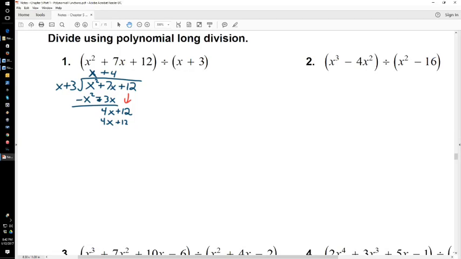We're subtracting, so it's minus 4x minus 12. So 4 minus 4 is 0. 12 minus 12 is also 0. So we have a remainder of 0, and there's nothing more to bring down. So the answer, if I divide x squared plus 7x plus 12 by x plus 3, is x plus 4.